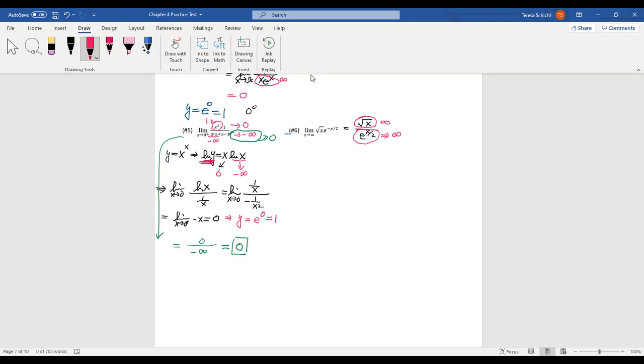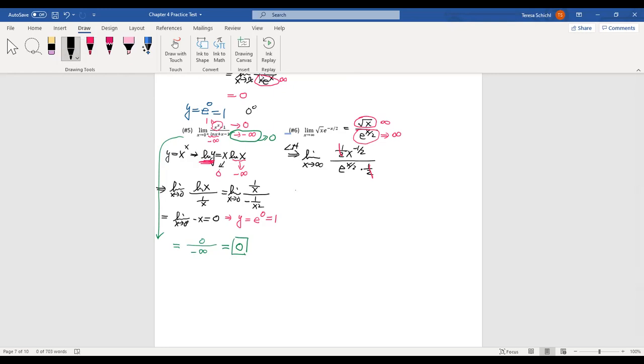If I have infinity over infinity, then what rule can I use? Oh yeah, I can use L'Hopital's rule. So I take the limit as x approaches infinity and take the derivative. This will be 1/2 x to the negative 1/2. Then the bottom will just be e to the x over 2, with the chain rule times 1/2. So this 1/2 and this 1/2 we can cancel.